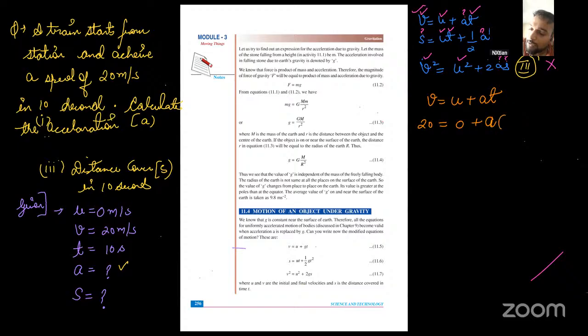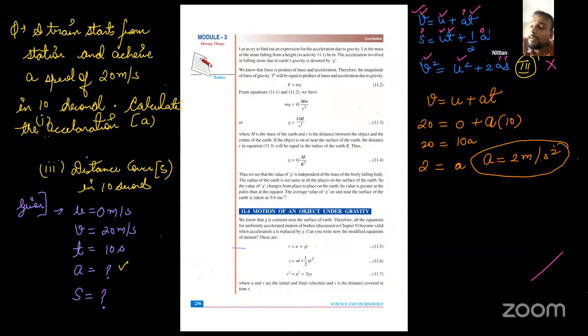So it will become a into 10. So 20 is equal to 10a. Now 10 will divide, so it becomes 2. So I got acceleration as 2 meter per second square. Guys, did you understand?